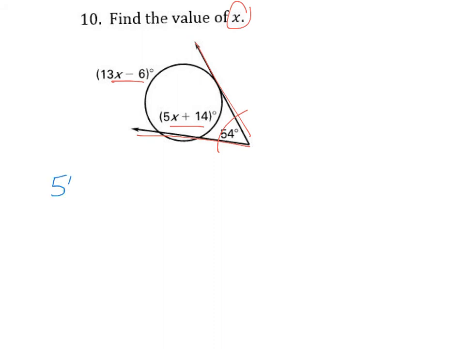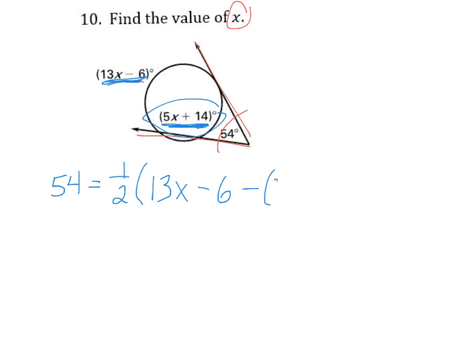The angle on the outside, the 54 degrees, is equal to half the difference between the outside arc, which is 13x minus 6, minus the inside arc. Now it's this whole entire expression, so I'm going to keep it inside of these parentheses here, 5x plus 14.